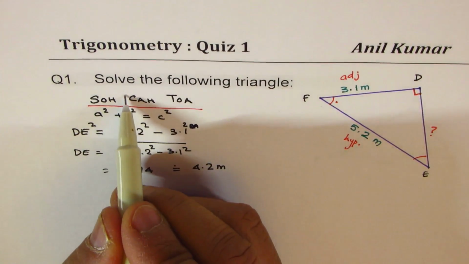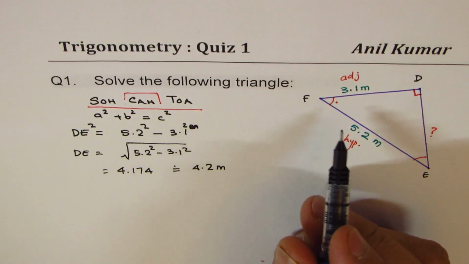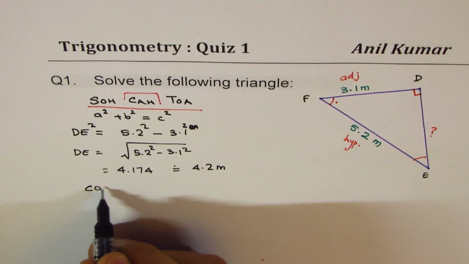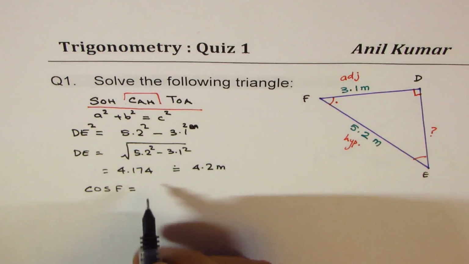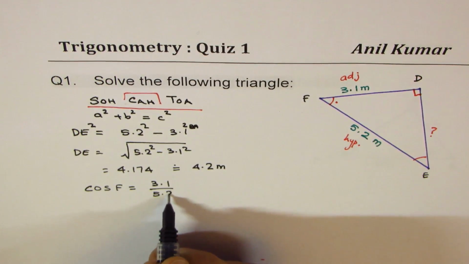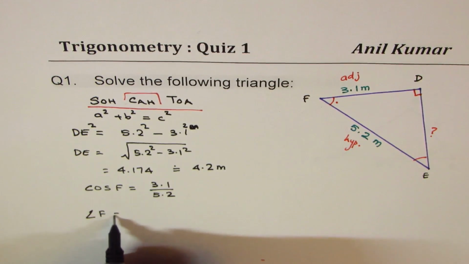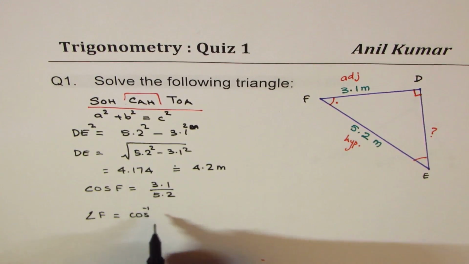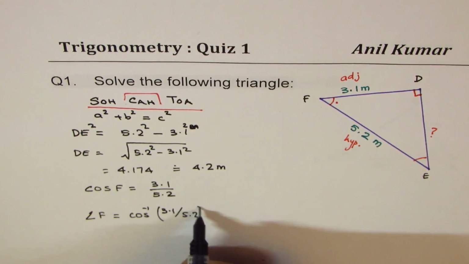The ratio which works with adjacent and hypotenuse is cosine. So we can write cos of F as equal to 3.1 over 5.2. And from here we can say angle F is equal to cos inverse of 3.1 over 5.2.